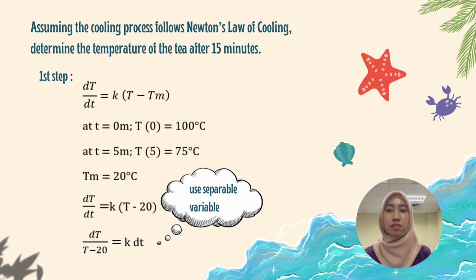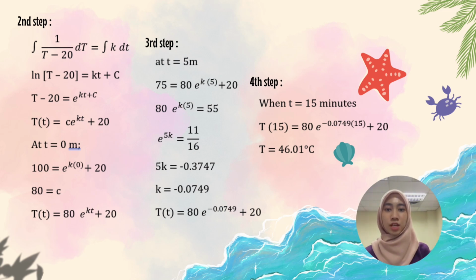And then we separate the variables: dT over (T minus 20) equals k dt. After we separate the variables, we integrate both sides, which is the integral of 1 over (T minus 20) dT equals the integral of k dt. And we get ln(T minus 20) equals kt plus c.